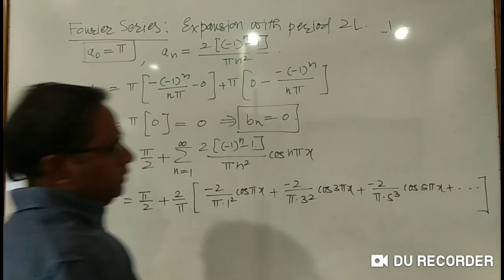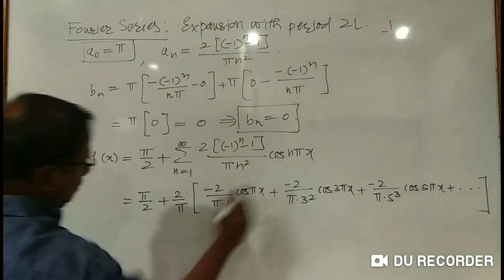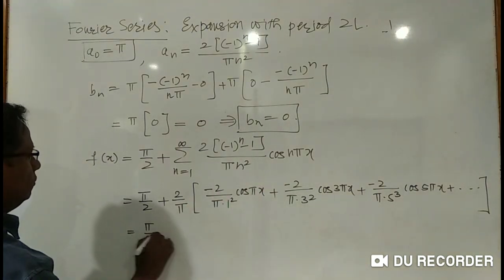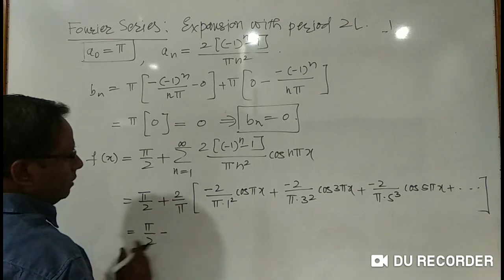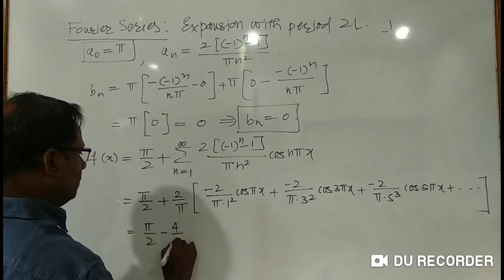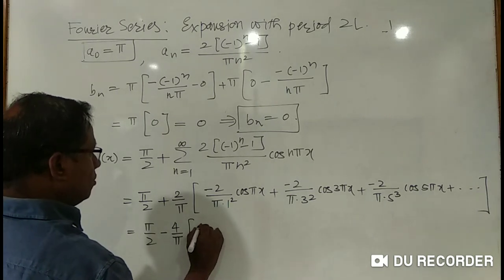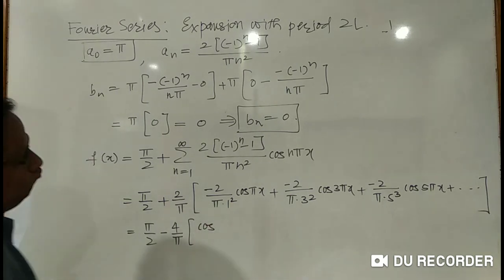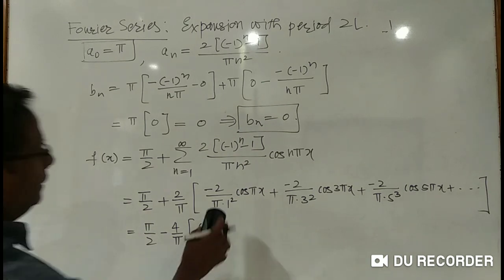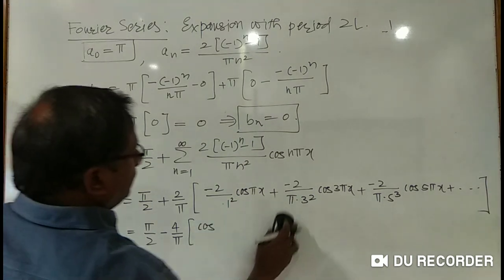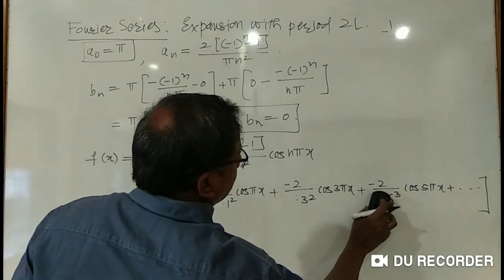So from each and every term you can take minus 2 common now. So pi by 2 minus 2, when you take outside, this becomes minus 4 upon pi. Inside the bracket we will have cos pi x. Oh sorry, already we have taken this pi outside, so we need not write this pi here.